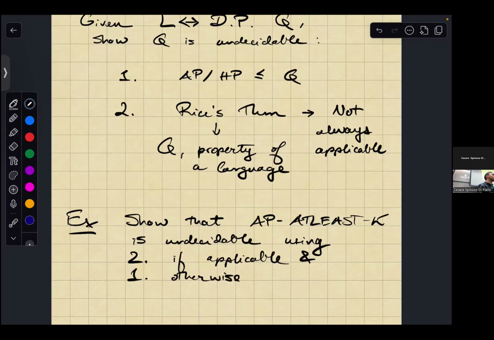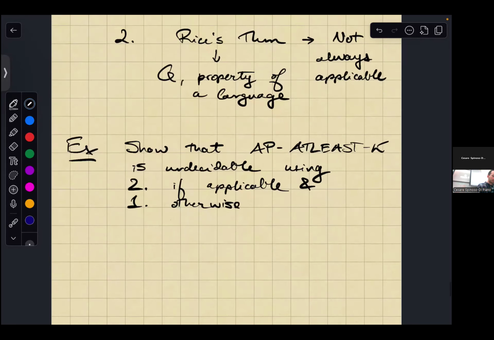So if you can use Rice's theorem, then do it. If you cannot, then you have to give a reduction. So that's what we're going to do with the at least K acceptance problem.